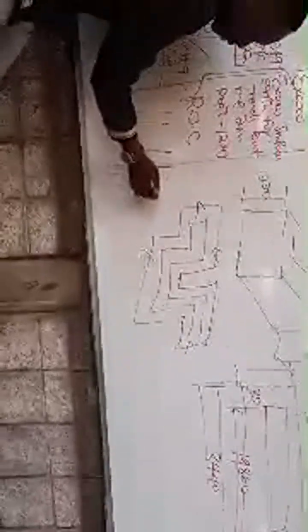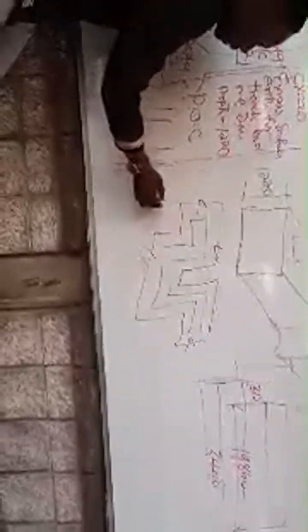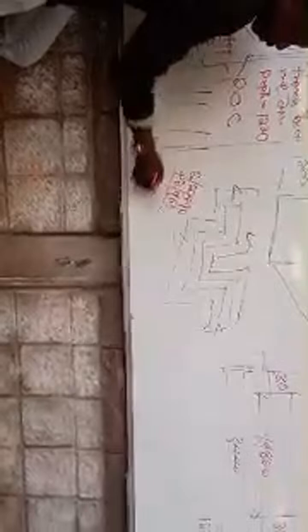Or you can just calculate the perimeter. If you are measuring it by the perimeter, you know you're going to have 2 of 20.49 plus 2 of 0.96. What is the answer when you do it like that?